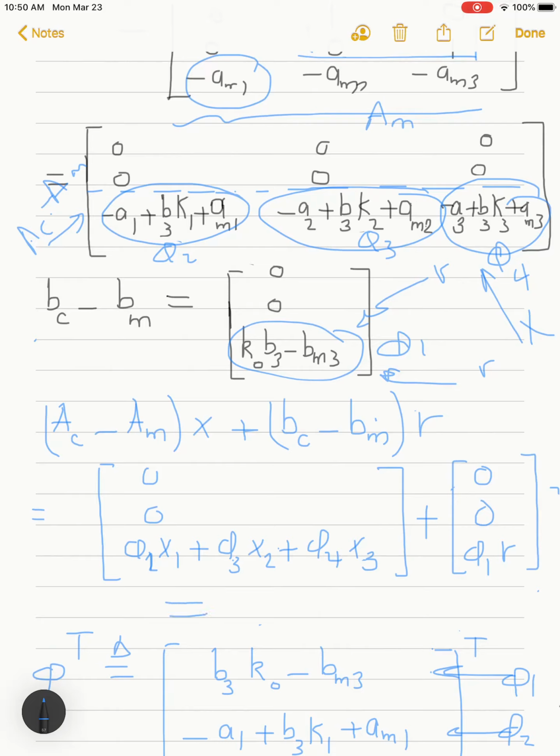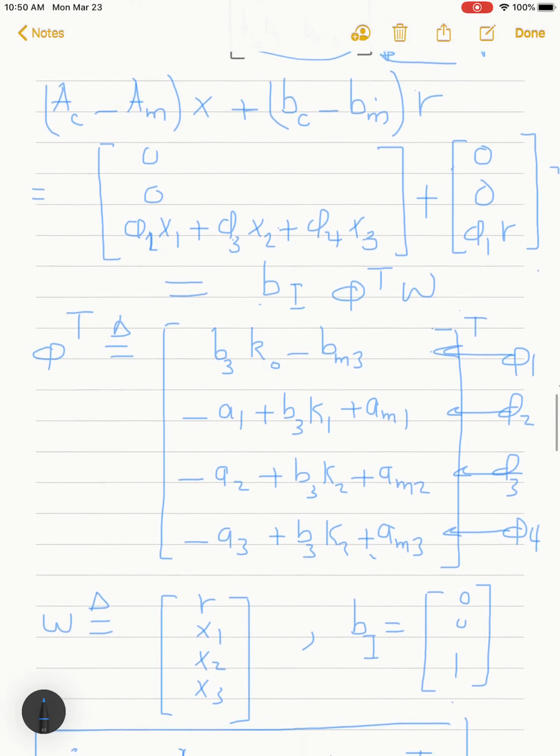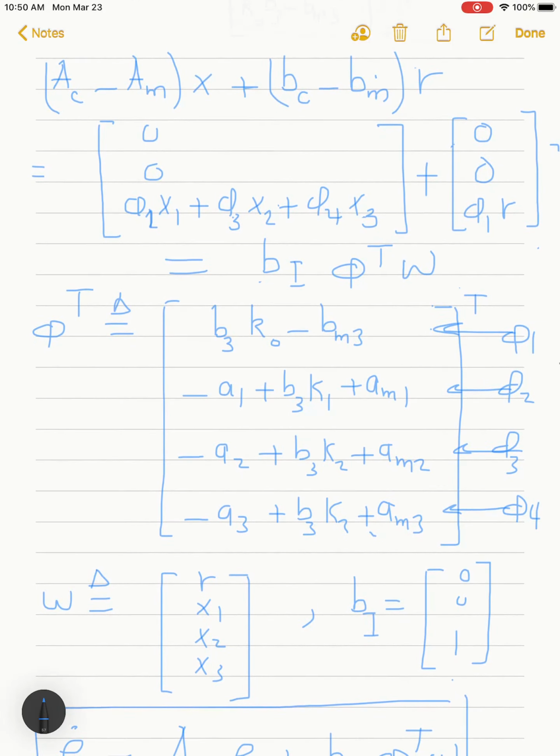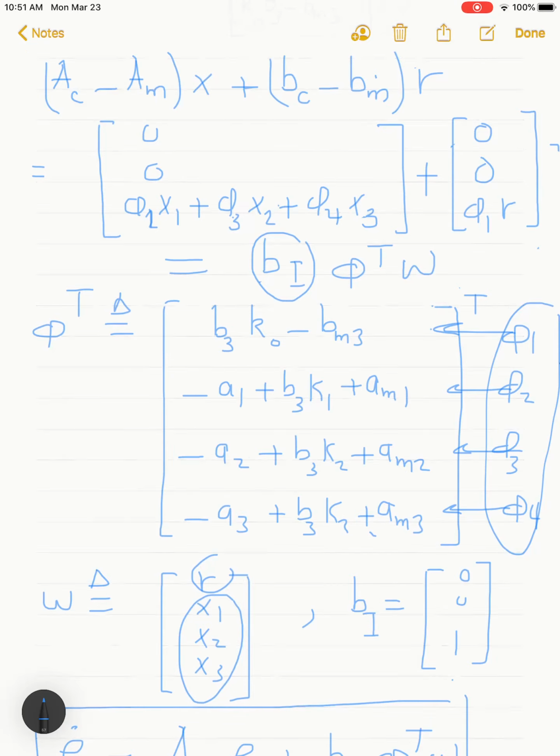I'll put that in the form of a vector BI times phi transpose omega, where I defined here the different vectors. The vector BI is just a column vector with 2 zeros at the upper rows and then 1 at the last element, and phi transpose is just composed from phi 1, phi 2, phi 3, and phi 4 as shown here, and omega would be r, x1, x2 up to x3.